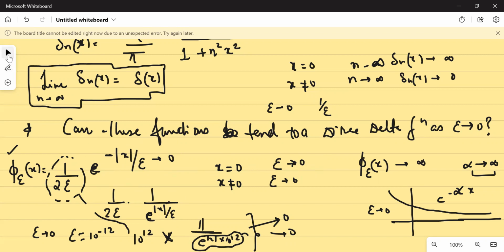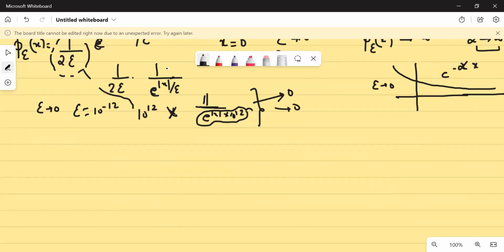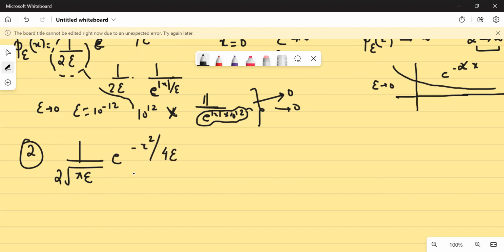Another good part, if I say this kind of function, I have already done the function of this sort, but I'm just repeating it for you so that you should be able to get it. For example, if I write this way, now you can see that if x is equal to 0, then this particular part will become 1.